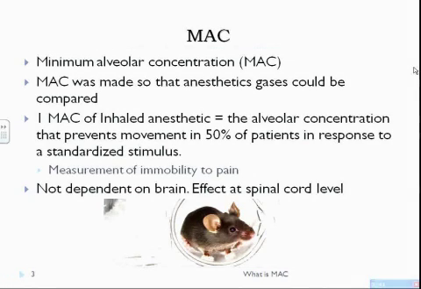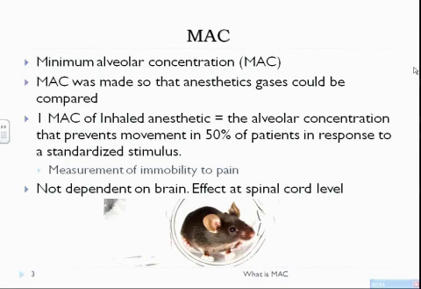And then they would take a stimulus, which in those days was taking a rat's or a mouse's tail, wrapping it with electrical wire and then hitting it with a fixed amount of electricity. When 50% of the mouse tails moved and 50% of the mouse tails did not move, that is 1 MAC.